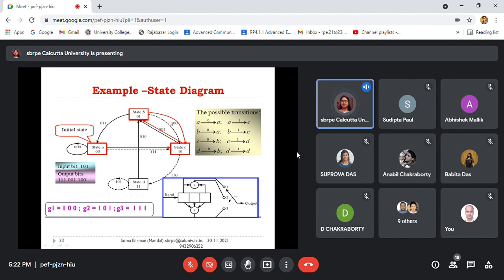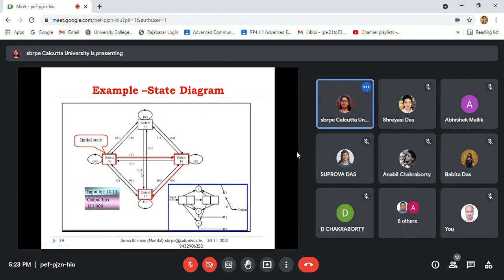So you encode that bit as 100. So 101 can be encoded from the state diagram as 111001100. If the state definition is changed, obviously this will change. Clear?